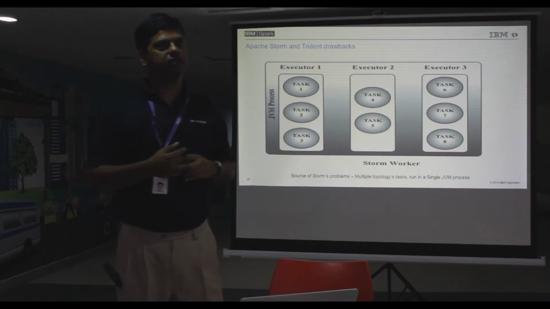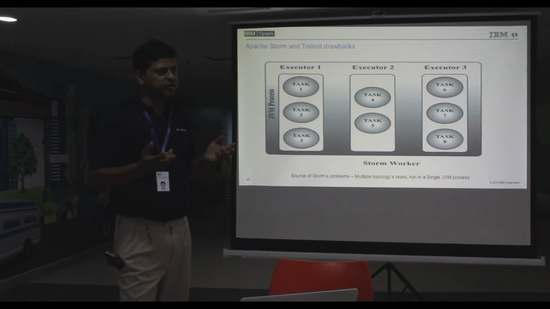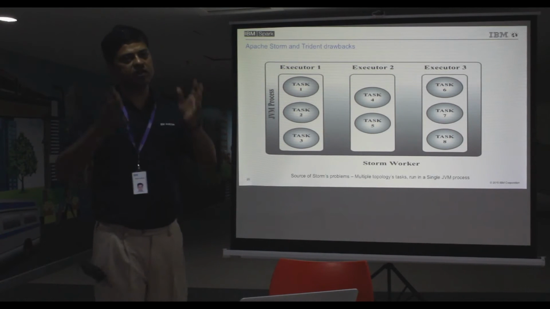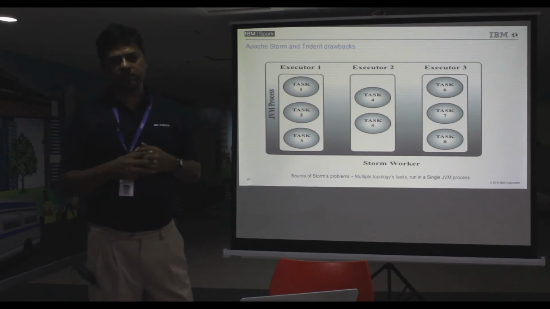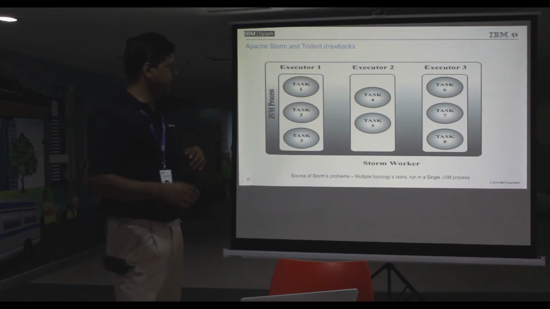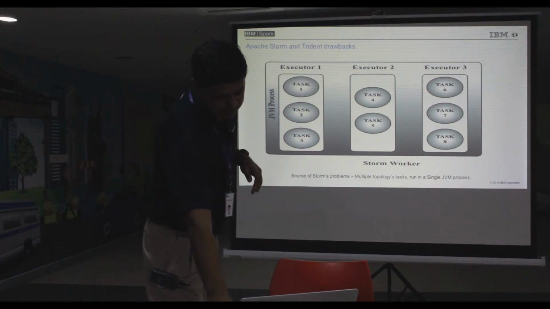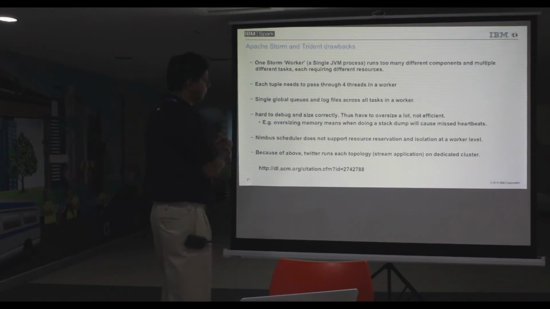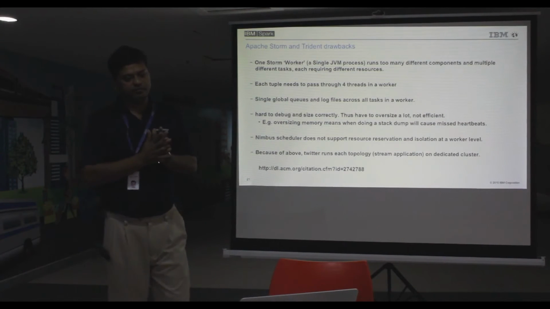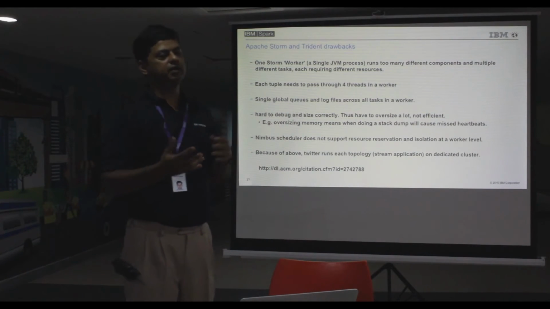They ended up having to run each Storm application on its dedicated physical cluster. Even two Storm applications in production, they could not run together. And they talk about some of the problems in here, right? I just try to get a gist of it. So the issue that they found, right?